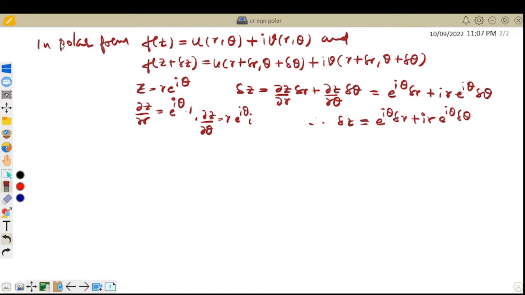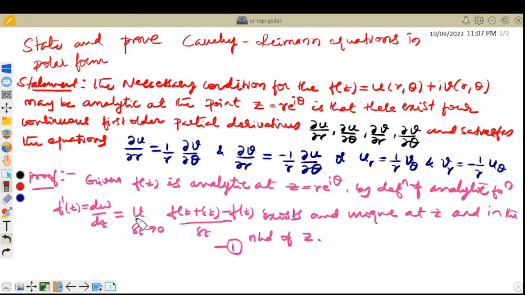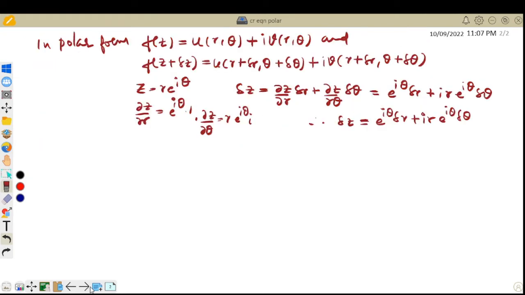Fine. Now equation number 1 becomes, just look at, substitute the value of f(z plus delta z) and f(z).